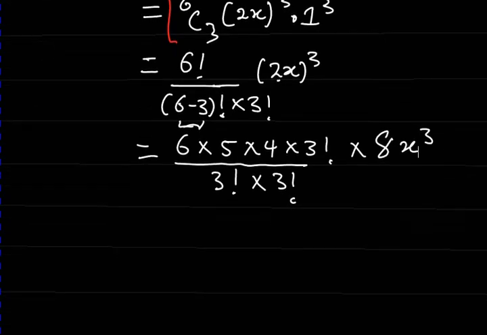This cancels this. This is 3 factorial, which is 6, so 6 will cancel the 6. I'm left with 4 times 5 times 4, which of course is 20.